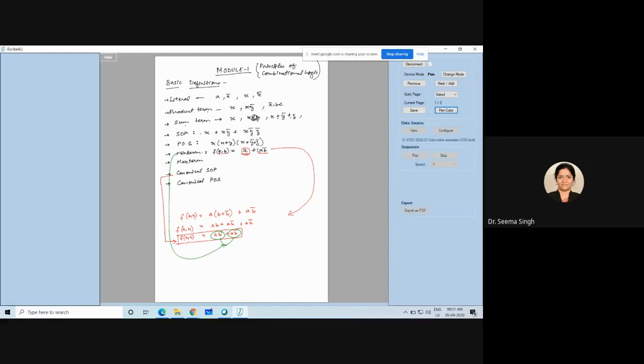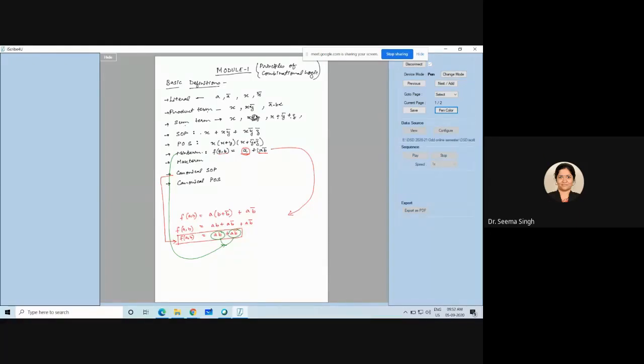I am repeating last time. A canonical sum of product is complete set of minterms that defines when an output variable is logical 1. Okay, so this is minterm and canonical SOP. So canonical SOP and minterm are related to each other.